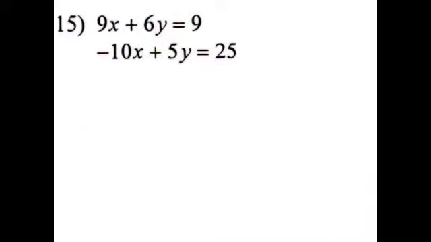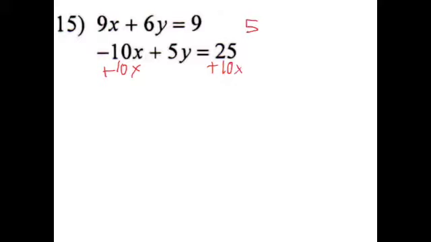Moving on to 15. This one's actually not particularly set up for either, but I am noticing that here on my second one, everything's divisible by 5, which is the number in front of y. So I'm actually going to go for substitution again, because I can. That, by the way, says plus 10x.